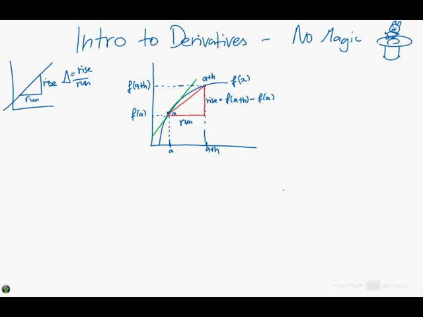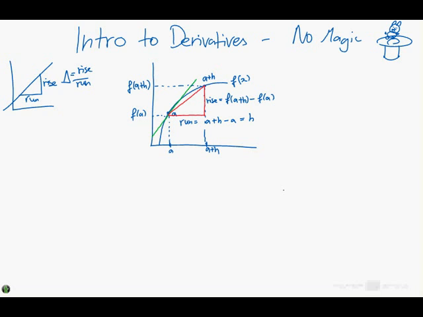The run is equal to the right value minus the left value. So, A plus H minus A, which is just H.